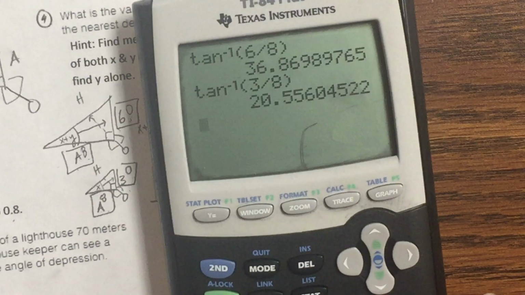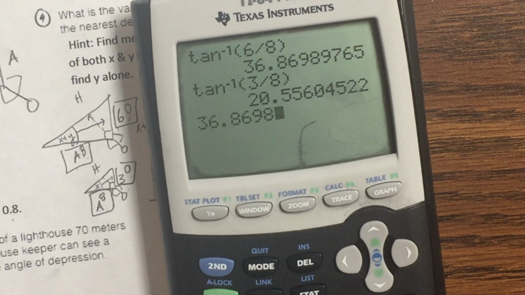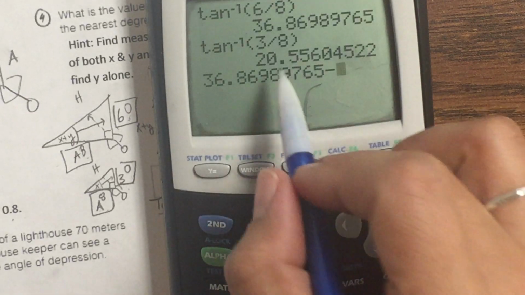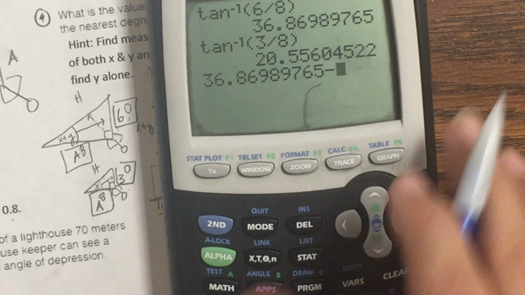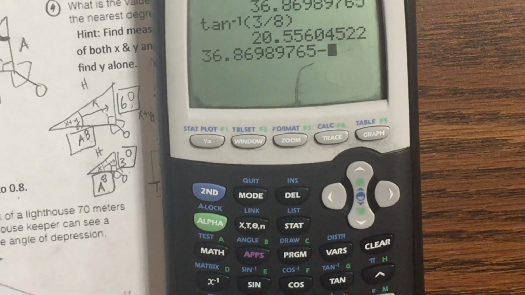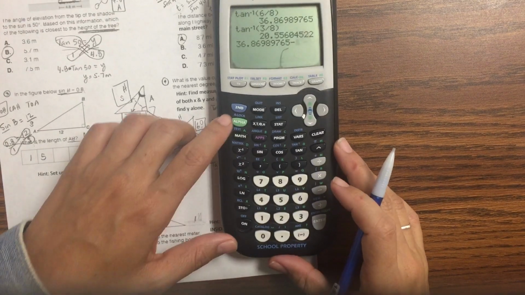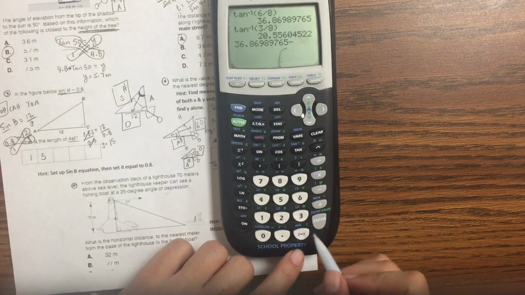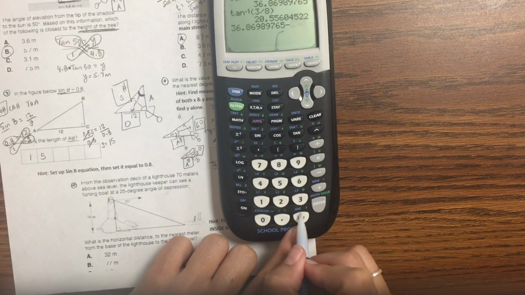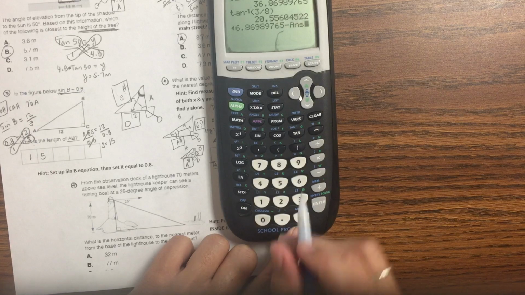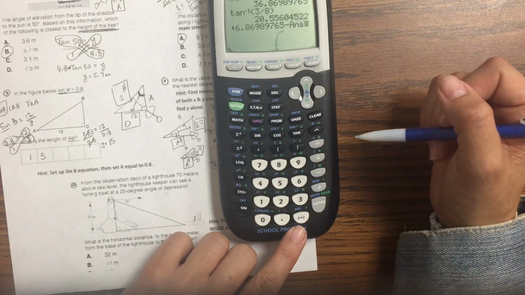And since I have it right here, I'm going to go 36.86989765 minus 20.55. To put the answer like this, I'm just going to show you something real quick. If you do second, and then you see where it says answer in blue under the negative sign, it will put what your last answer was.